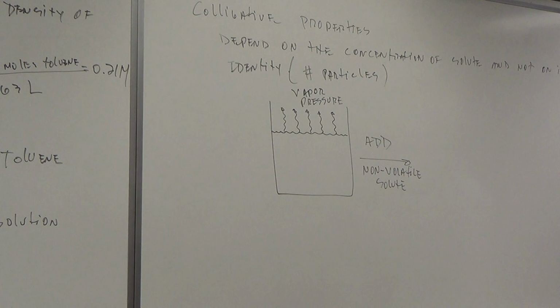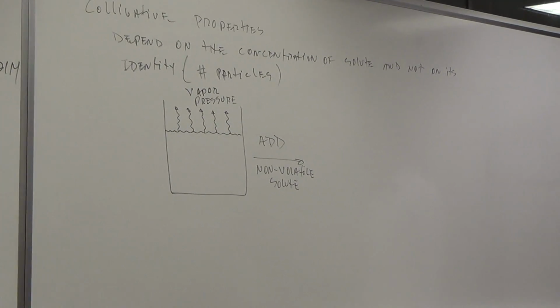Have you ever smelled salt before? You have never smelled salt, because salt is non-volatile. Salt will never go into the gas phase. You put salt on the stove, and does it melt? No, it doesn't melt.